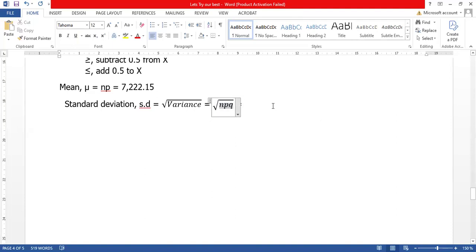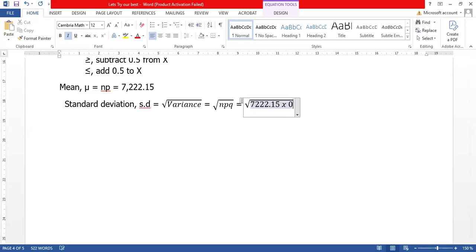So what will be the answer? Because you have everything. What is your N? It's like you're getting 722.5 times Q, which is 0.35. People following the session might get confused.